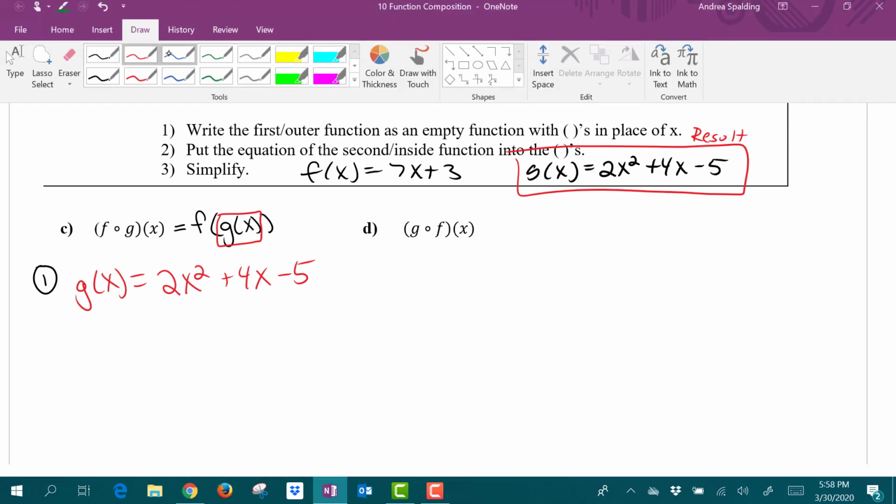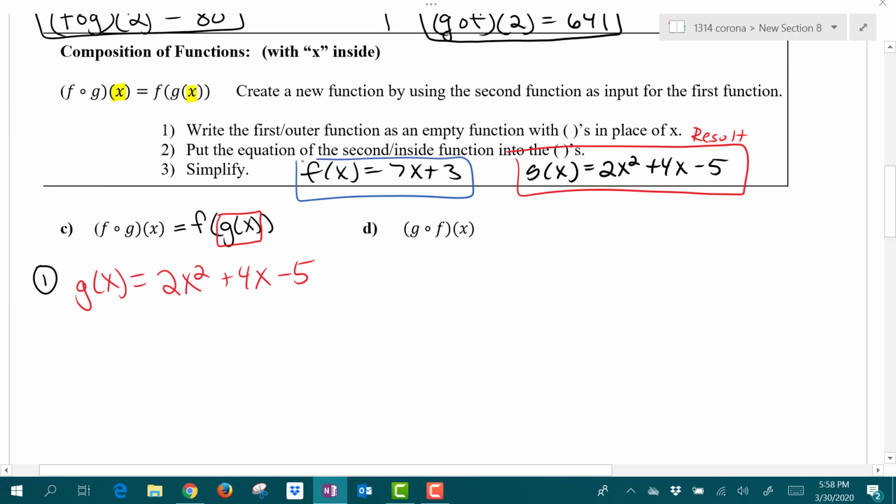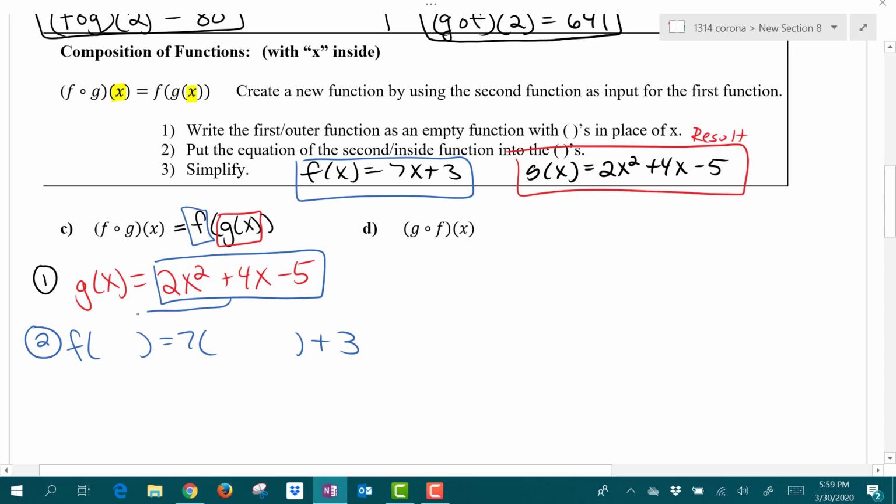Alright, what was the second step that we did before? Well, the second step that we had before was to take that result and put it into the outside function f. So here's our outside function f. Alright, we have 7 times parentheses plus 3. And so we're asked to take the result from the last step and put that into the parentheses.